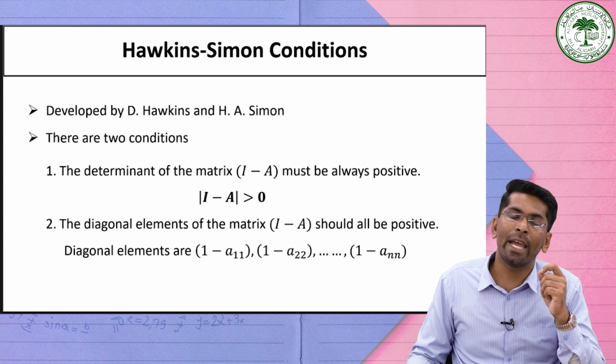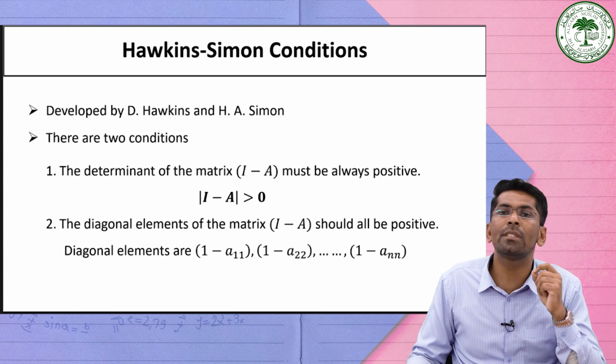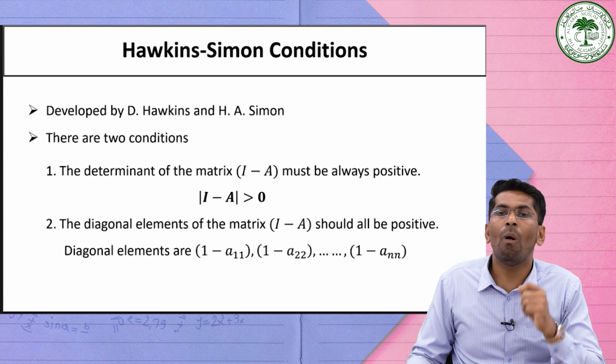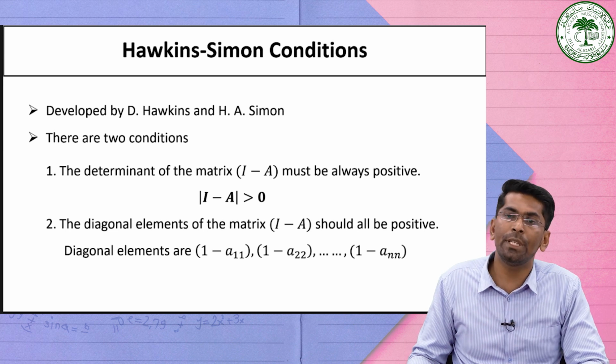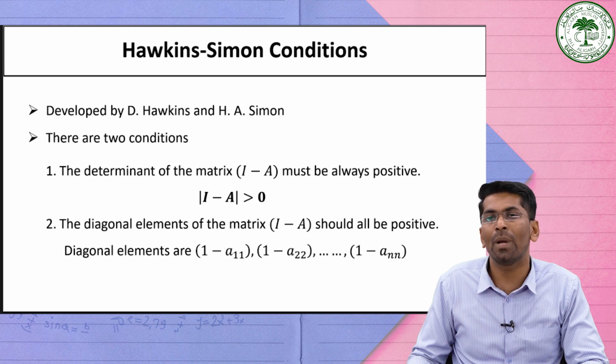So the Hawkins-Simon conditions ensure that all the sectors can produce a positive output given the specified input-output relationship and the final demand vector.